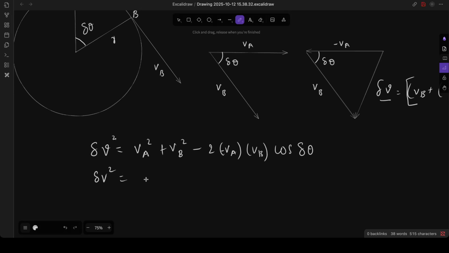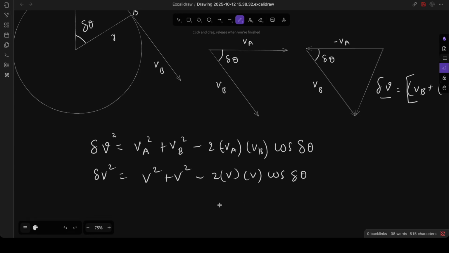I'll get dV square is equal to V square plus V square minus 2 times V times cos delta theta.